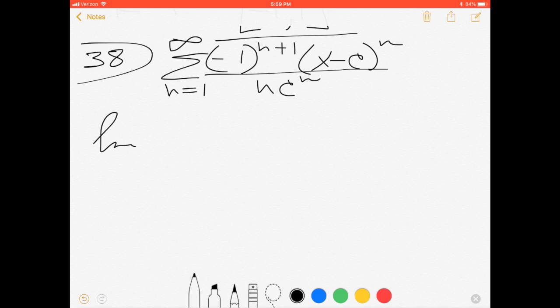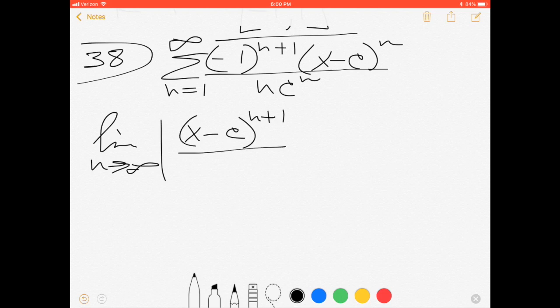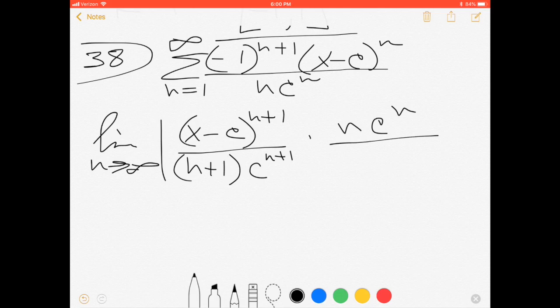We have the limit as n approaches infinity of the absolute value of (x-c)^(n+1) over (n+1) c^(n+1), times n c^n over (x-c)^n.